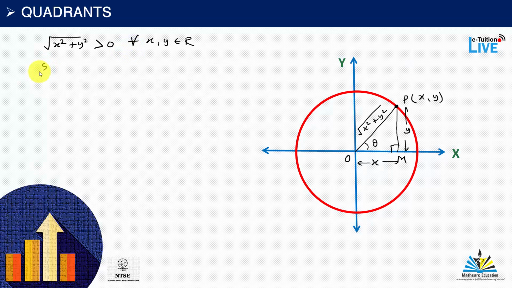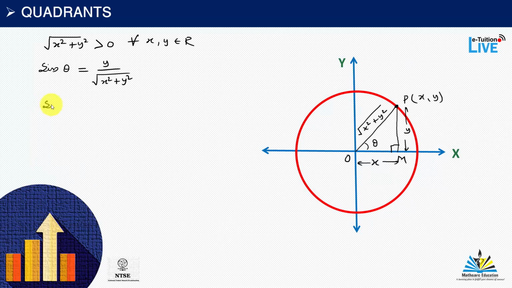Now if we think of sine theta, then sine theta must be perpendicular upon hypotenuse, y upon hypotenuse, under root of x square plus y square. So what are you observing here? The denominator is positive, and y is positive in the first and second quadrant.